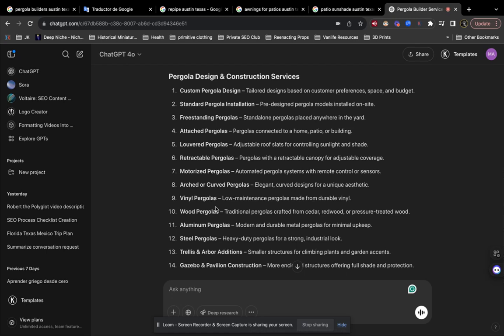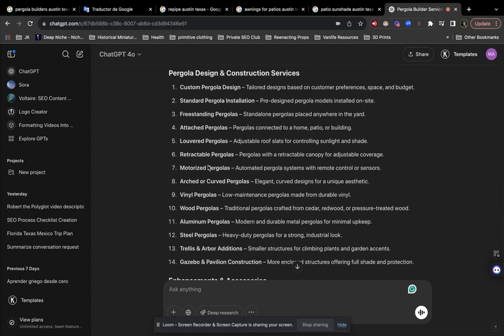So I said, all right, I don't want to take these and throw them into my keyword tool, because in Google AdWords Planner you can only input 10 keywords initially. If it has the word pergola in it, I don't want to copy paste it into the keyword tool, because I'm wasting a space on something it's already going to give me because of pergola.